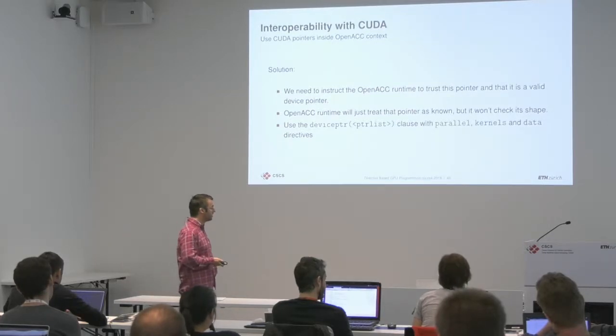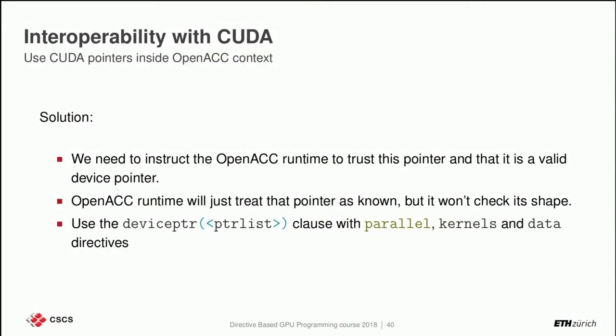There is a solution to this, and the way to do it is to instruct the OpenACC runtime to somehow trust this pointer: I know this pointer, it's a device pointer, just take it and go ahead as if you had allocated it. The way to do this is, it's not a directive, it's a clause, deviceptr, that gets a pointer list.